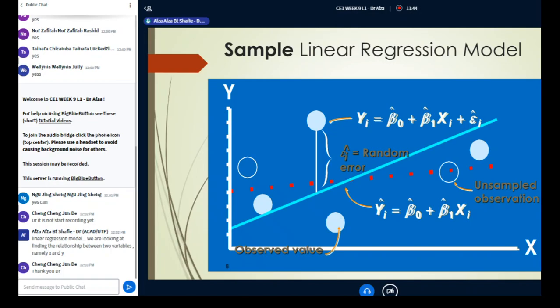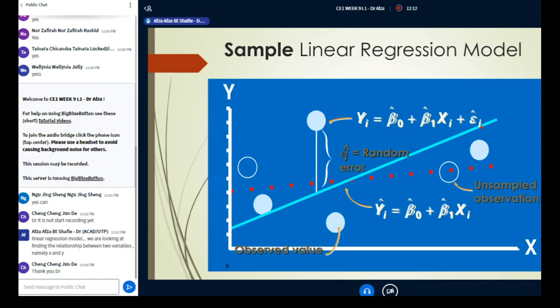What is this least square method all about? If you look at this, the full circles here are all the values that are observed whenever you carry out the process or do your reactor calculation.